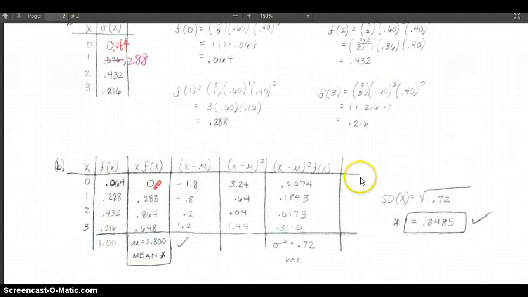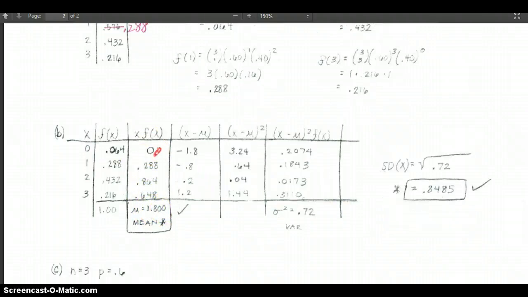Like in the last homework we talked about, the formula for population mean is to multiply each x value by its corresponding probability and add up. So we have 0 times 0.064, 1 times 0.288, 2 times 0.432, and 3 times 0.216. We get this column, and adding all these values, we get 1.8.